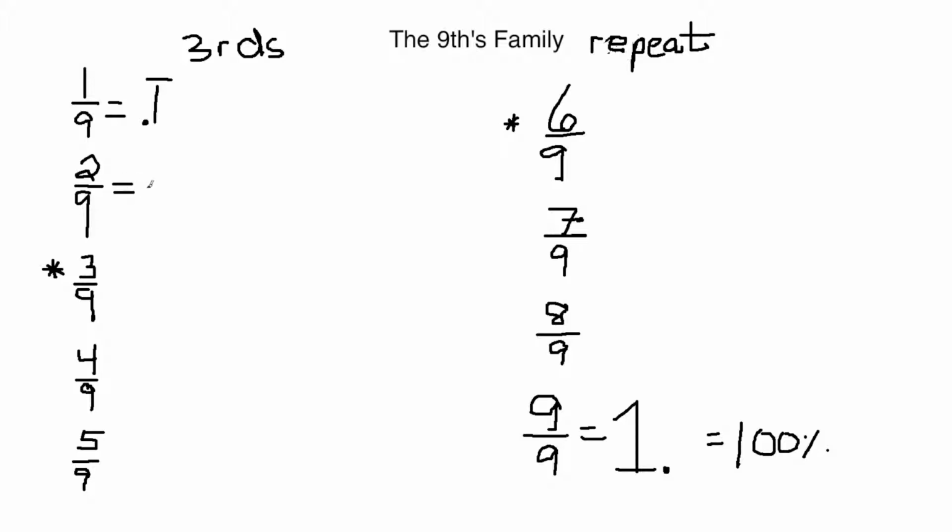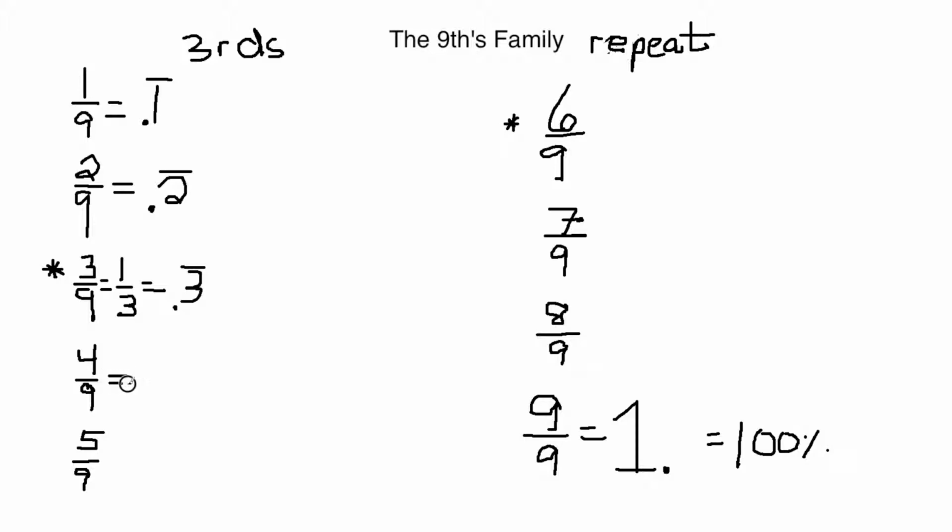2/9. Well, just take the numerator. What's the numerator? It's 2. So it's going to be 2 repeating. 3/9, which is really 1/3, but it doesn't matter. What is 1/3? You still can use the same rule. Whatever the numerator is, that's what is repeating.